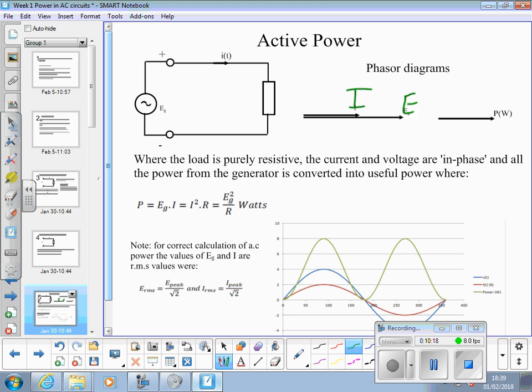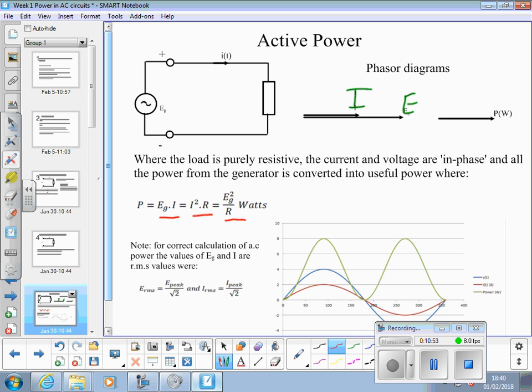Where the load is purely resistive, current and voltage are in phase, have the same angle, and all the power from the generator is converted into useful power. So we can calculate it from the generator voltage times the current, or the current squared times R, or the generator voltage squared divided by R. They're the three standard equations for power that you will have met before.